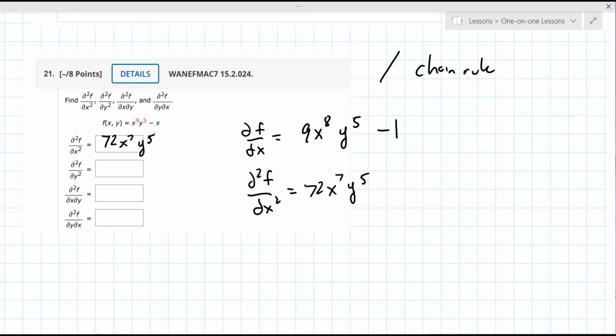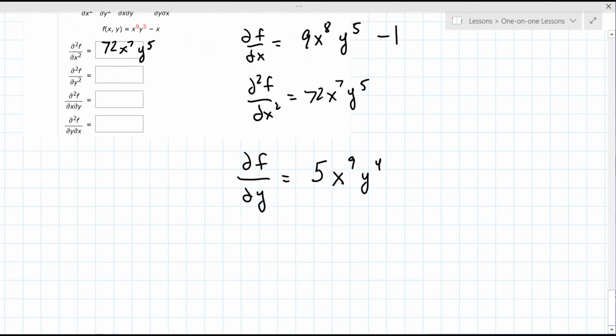Okay, if that's clear, now we can do it with respect to y. So we need to find partial f, partial y. We're taking the derivative of this original thing with respect to y. It's x to the 9th, but the derivative of y to the 5th is 5y to the 4th. The derivative of this minus x term is 0.